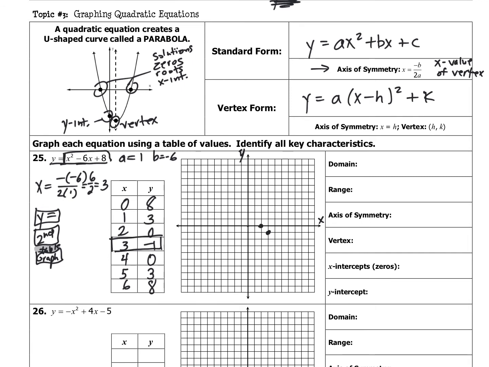Right 2, 0. Right 4, 0. Right 1, up 3. Right 5, up 3. And 0, up 8. There's 10 blocks in each section, so I knew really quickly how to get to 8. And then 6, 8. Okay, connect the dots.